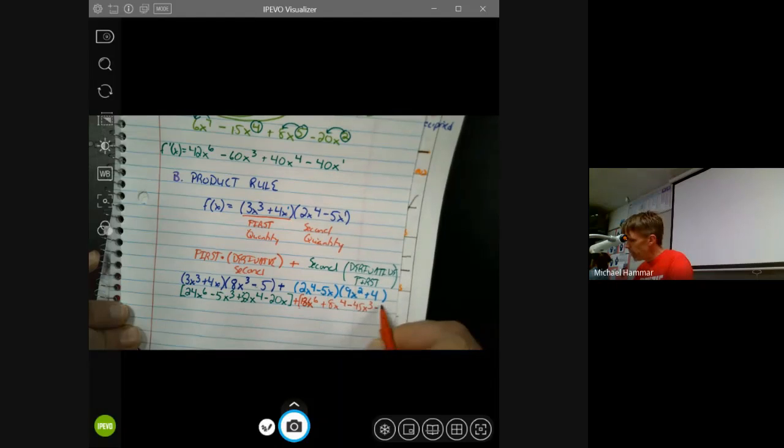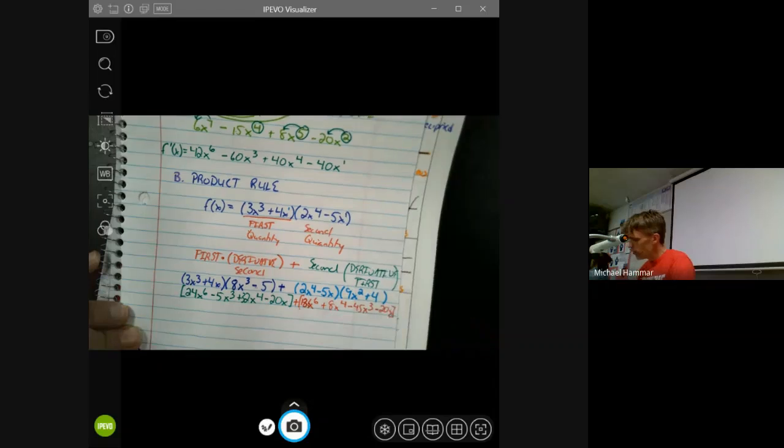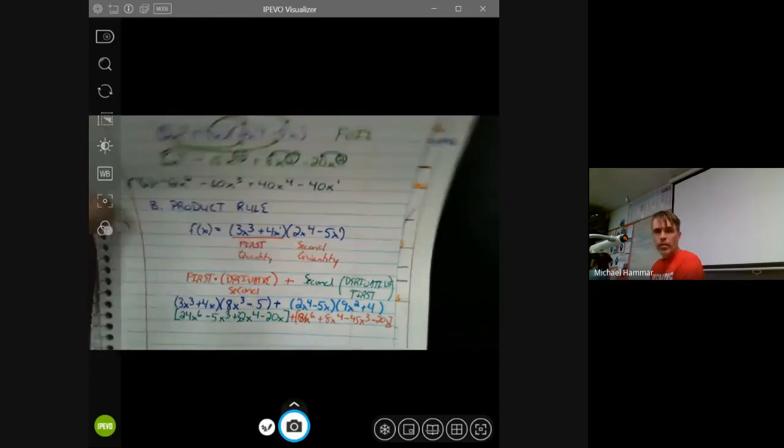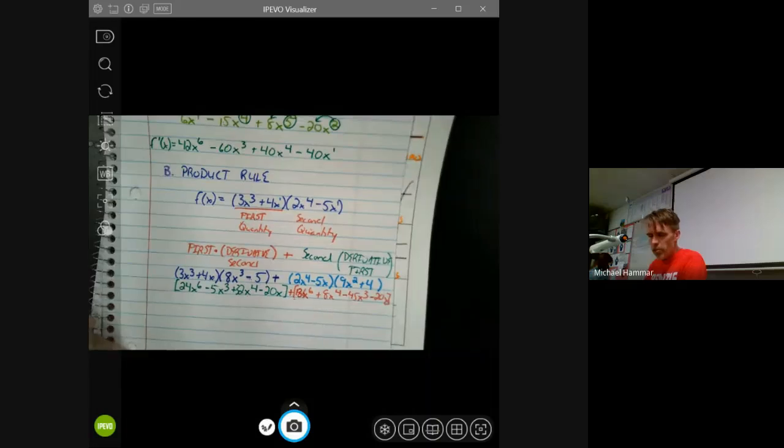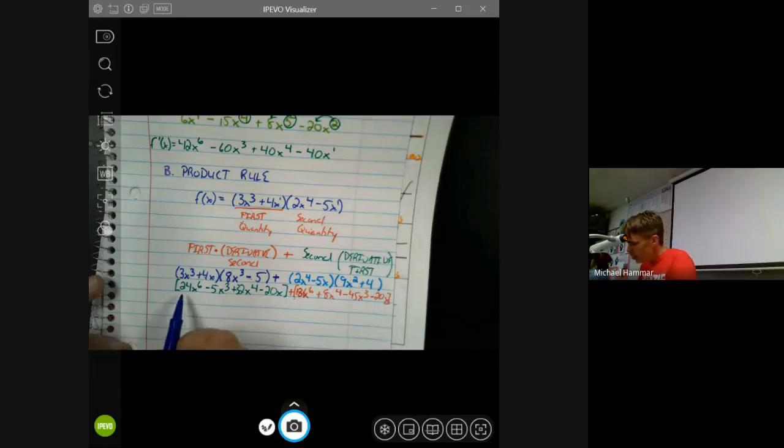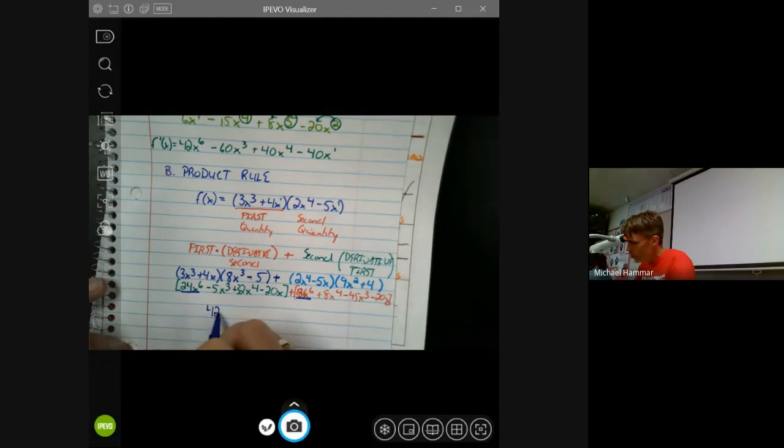And then we're going to have minus 20x. Okay? So we now multiply all those out. Now the last thing you just do is you go through and combine like terms. So we have 24x to the 6th and 18x to the 6th. So that gives us 42x to the 6th.